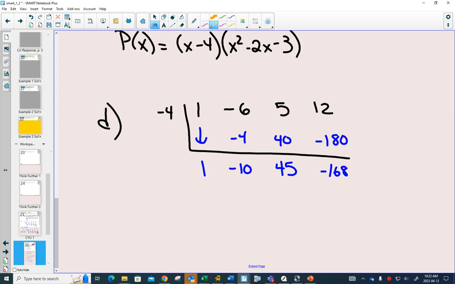And finally, one that's not 0. If it's not 0, that tells us the remainder was negative 168, so x plus 4 is not a factor.